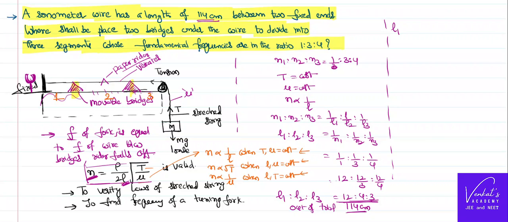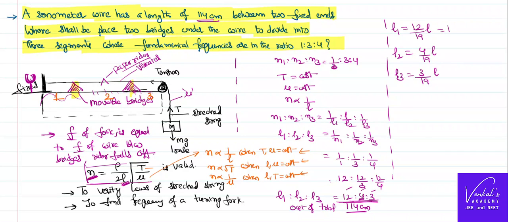Now I can say L1 is 12 times of how many parts? 12 plus 4 plus 3. That is 12 plus 4, 16, 16 plus 3, 19. L1 is 12 parts of 19 parts of the total length. L2 shall be equal to 4 parts of 19 parts of L. L3 shall be equal to 3 parts of 19 parts of the total length.